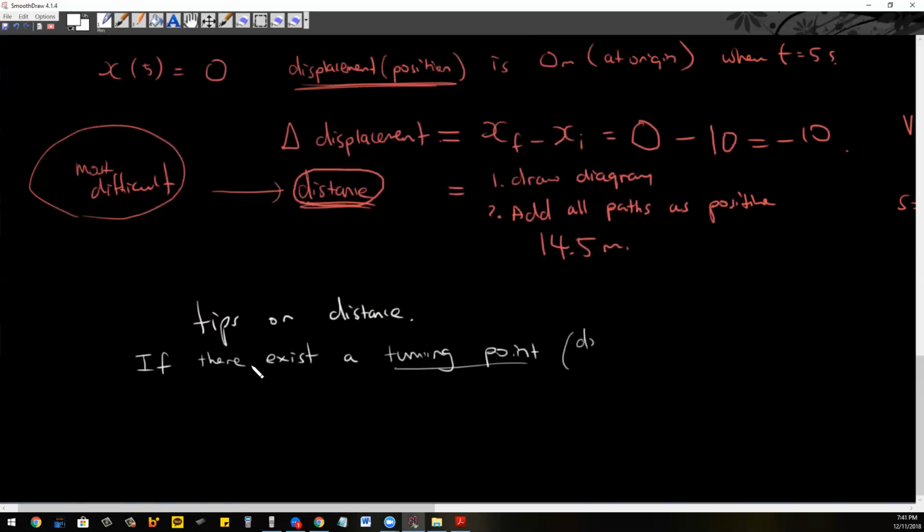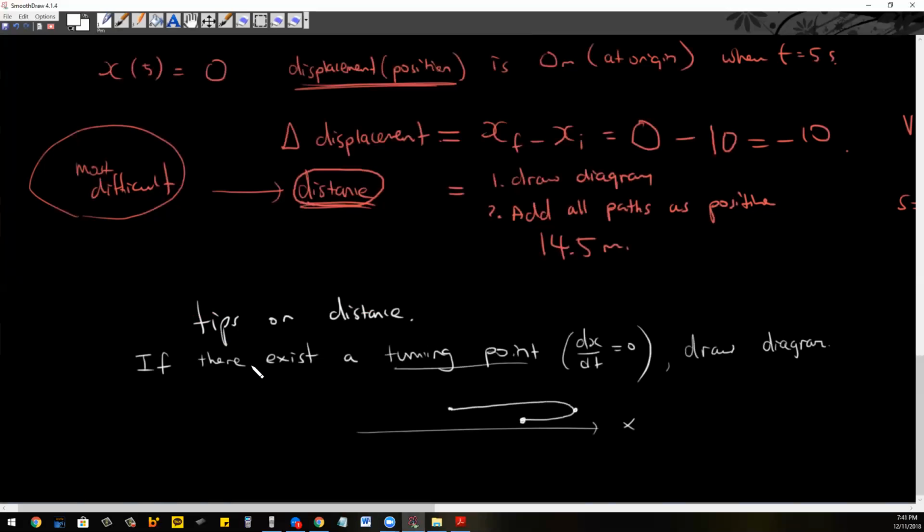You let dx/dt equal 0. If there exists a turning point, you have to draw a diagram. Which means this is x. It starts from somewhere, goes around, turns around, so that's a turning point. This is the final position, right?